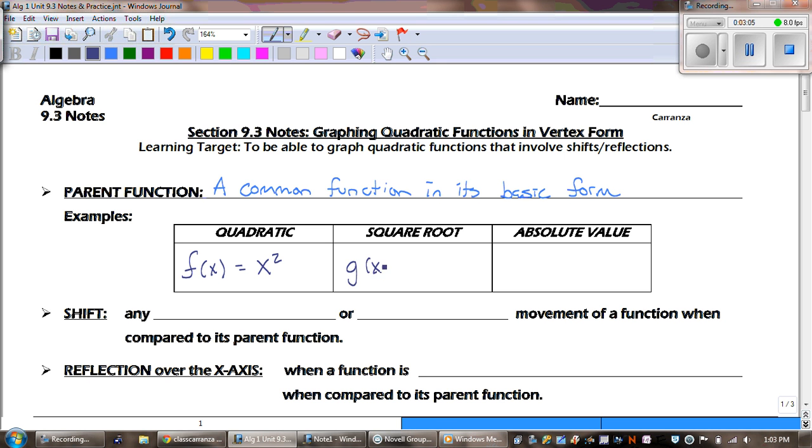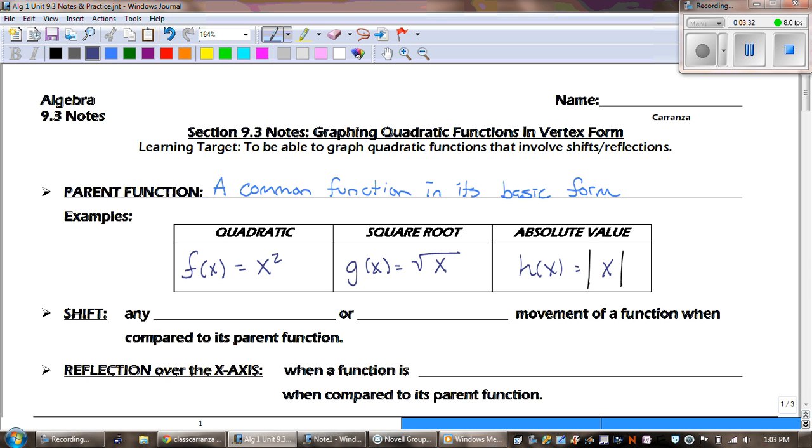If we were talking about square roots, well, we would just have square root and then an x. If we were talking about absolute values, well, remember that absolute value have those cool little lines and x inside, okay? So that's just the most basic form of the function, okay?